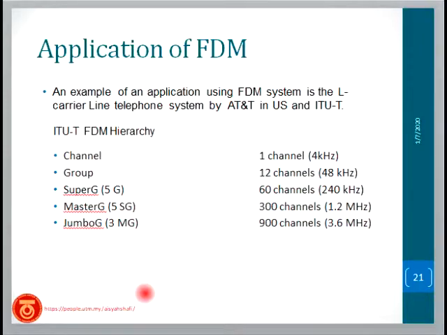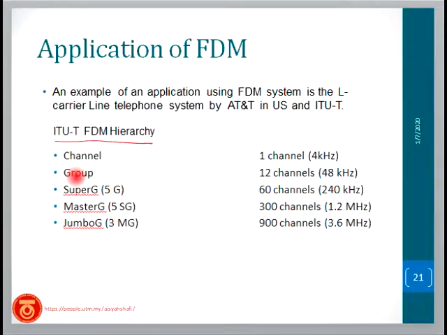Okay, we go further to the application of FDM, frequency division multiplexing. One example of an application using FDM is the L carrier line telephone system by AT&T in the US. So this is the hierarchy of ITU-T FDM.